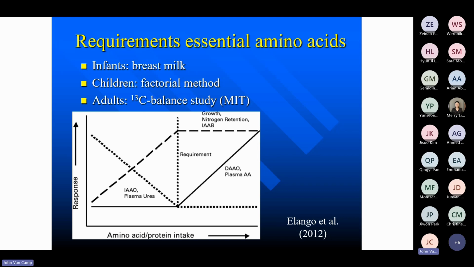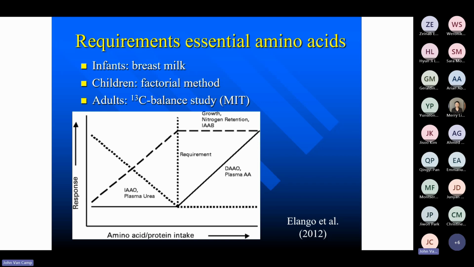So it means that when we take up more of the amino acids, for example, leucine, you will see that the output, which is the appearance of label in the breath, so you actually expire labeled amino acids in this case, will continue to be constant.